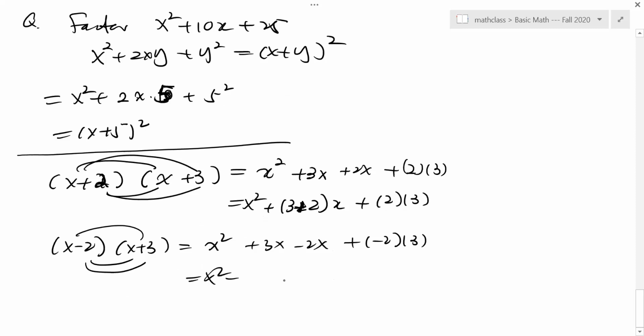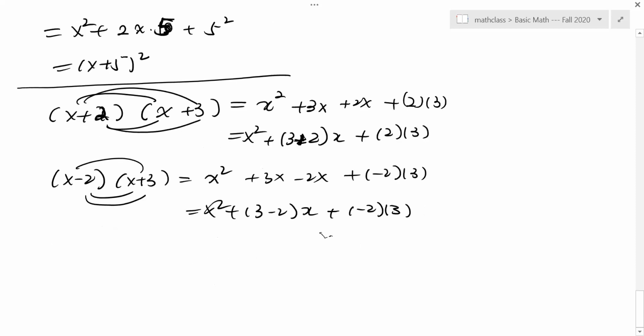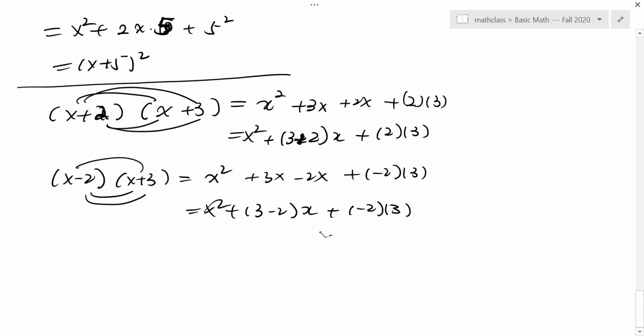So the middle term is always the sum of those two numbers.